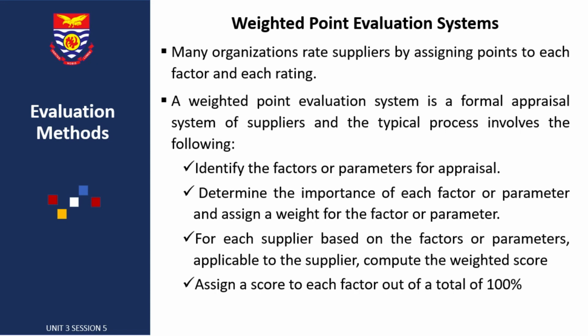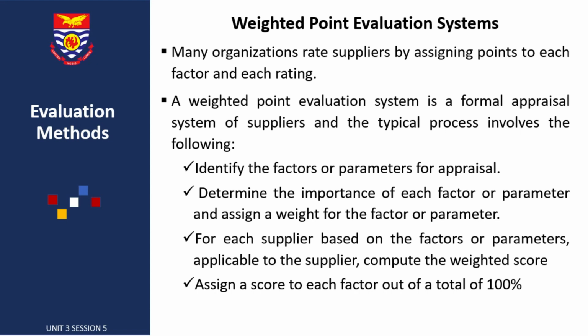They identify factors or parameters for the appraisal, as we have already mentioned some factors in the table. They determine the importance of each factor or parameter and assign a weight to the factor or parameter. Then for each supplier, based on the factors or parameters applicable to the supplier, compute the weighted score. Assign a score to each factor out of a total of 100.